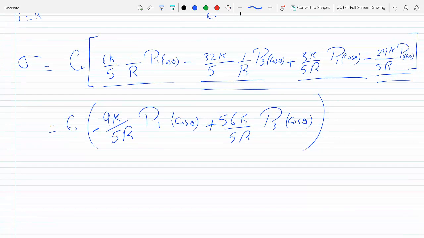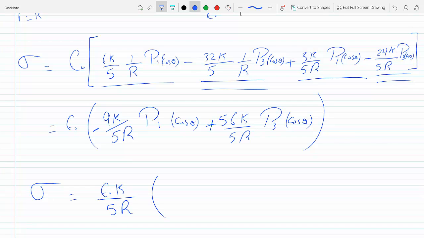And if you want, you can pull out a k over 5r. So epsilon k over 5r, and just bring the positive term first.